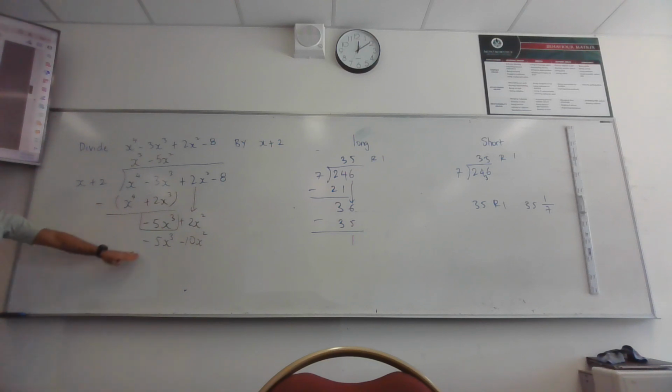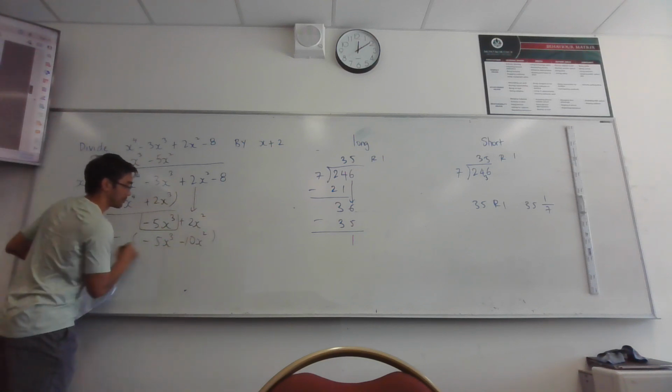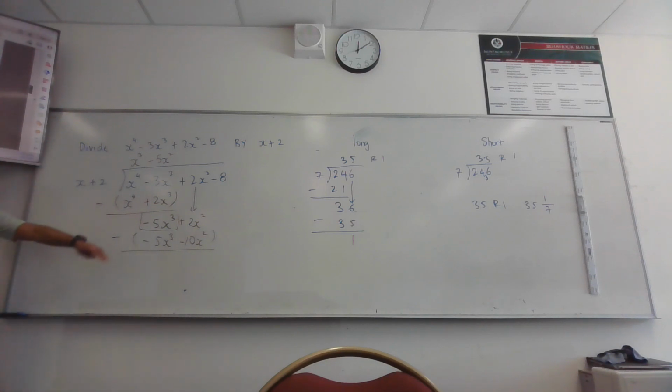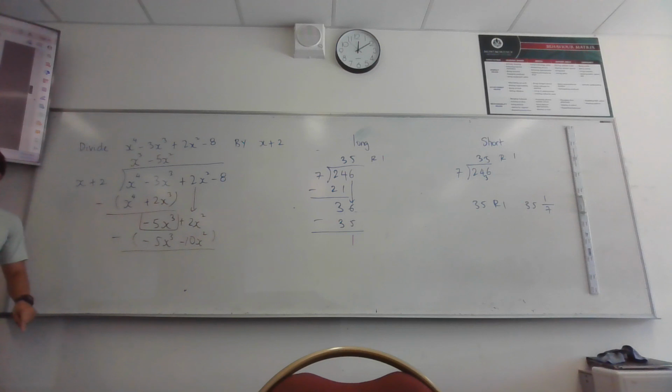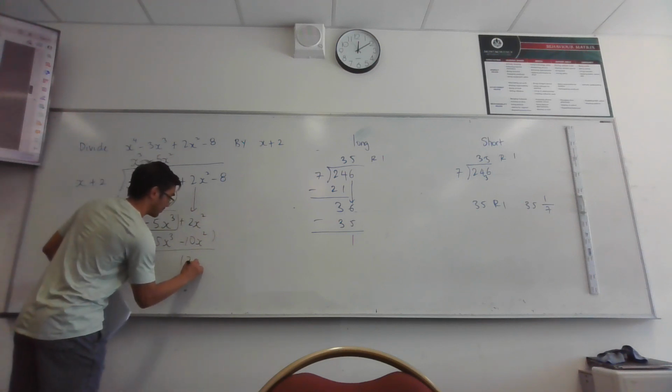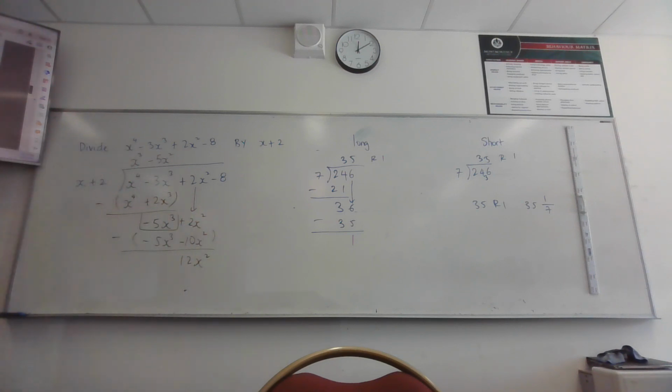What's the next step, Zach? Minus it. Put it in a bracket. What happens with negative 5x cubed, Amrita? Cancel out. 2x squared take away a negative 10x squared, Perry. Very good. 12x squared.